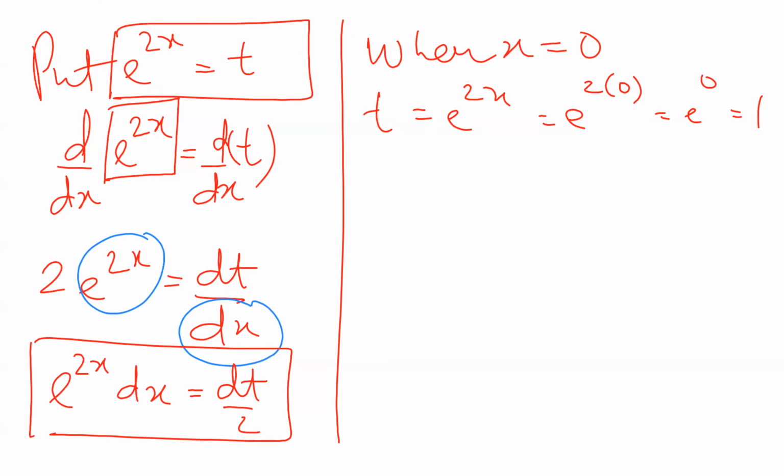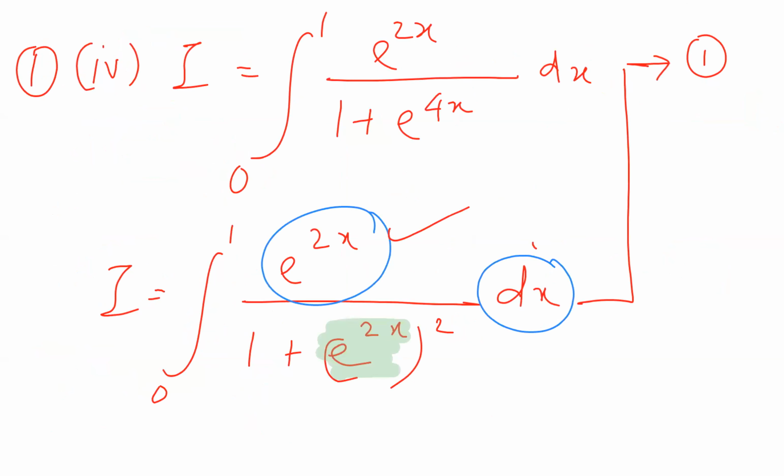So from 0 got replaced to 1 and 1 got replaced to e square. e raised to 2x dx became dt by 2, and it is 1 upon 1 plus t square dt by 2.